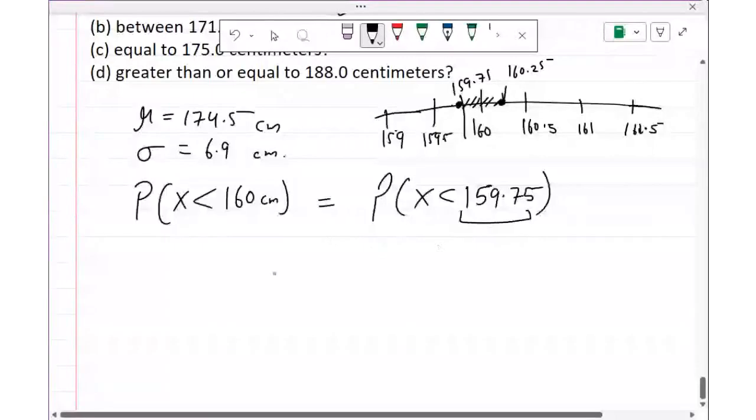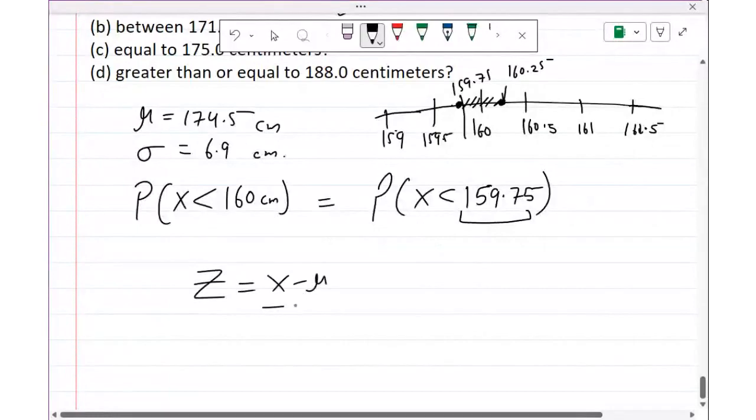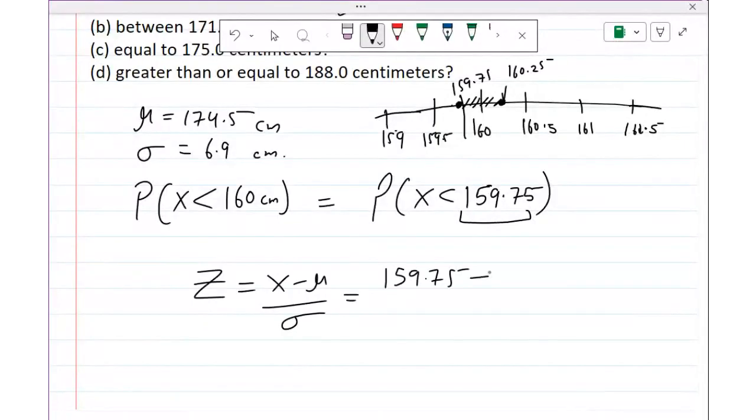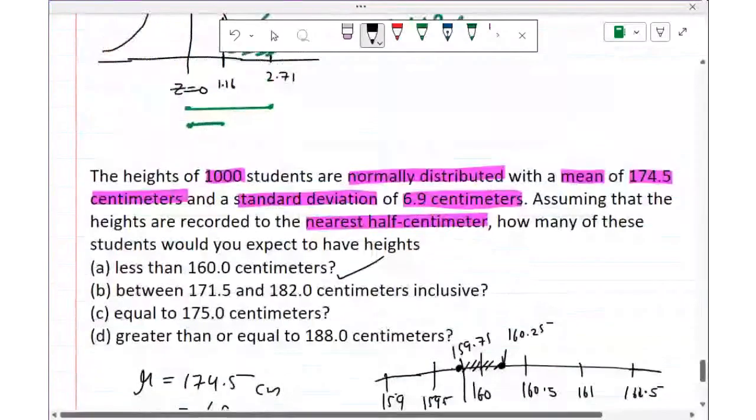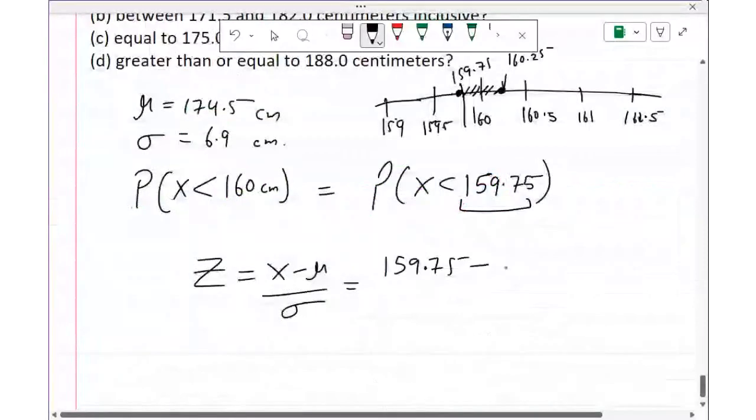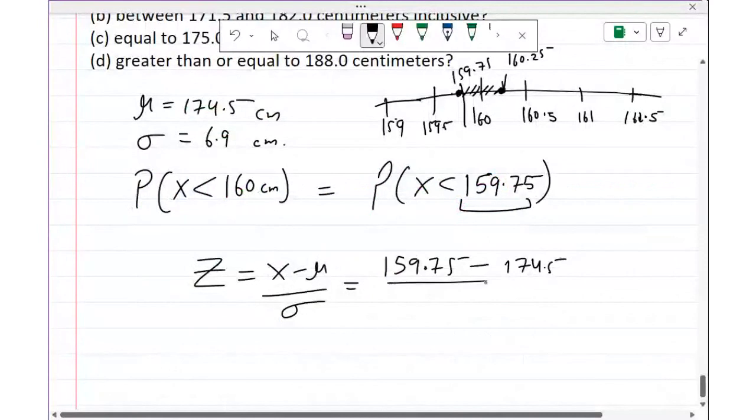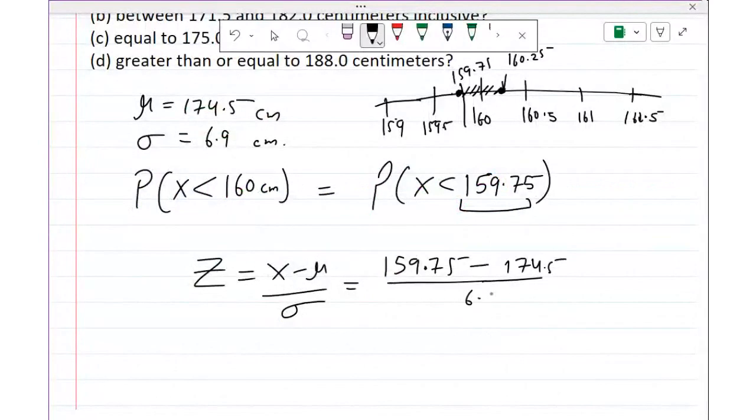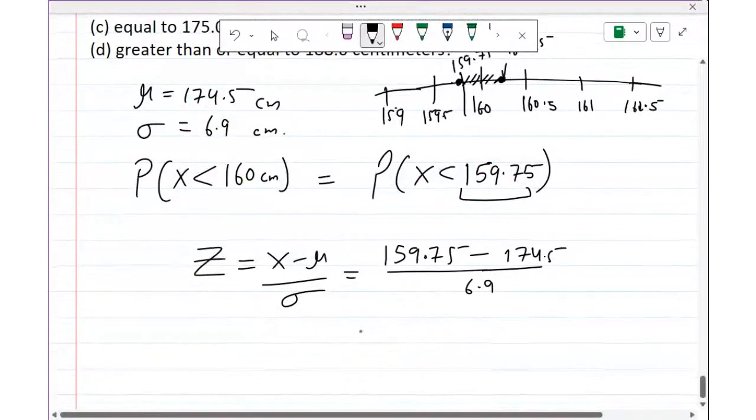Same formula we have to use: x minus mu divided by sigma. We have to convert 159.75, with mu 174.5 and standard deviation 6.9.